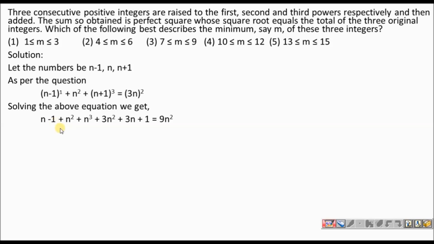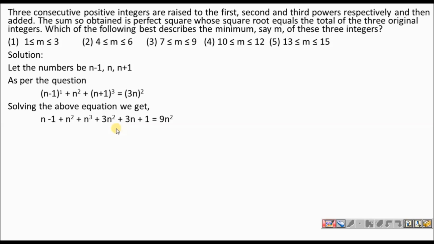Now this minus 1 and this plus 1 will get cancelled, right? I have this 3n and I have an n here, so 3n and n will add up to 4n. And I have n square and 3n square, which will give me 4n square. When this 9n square comes to the left hand side, it becomes minus 9n square.